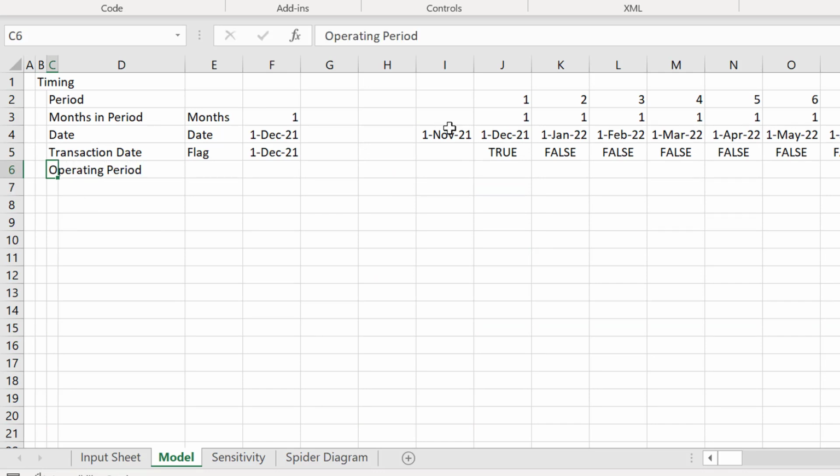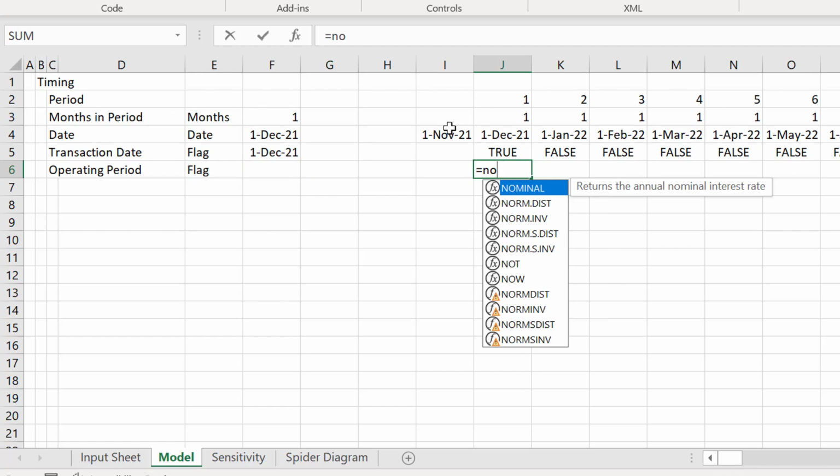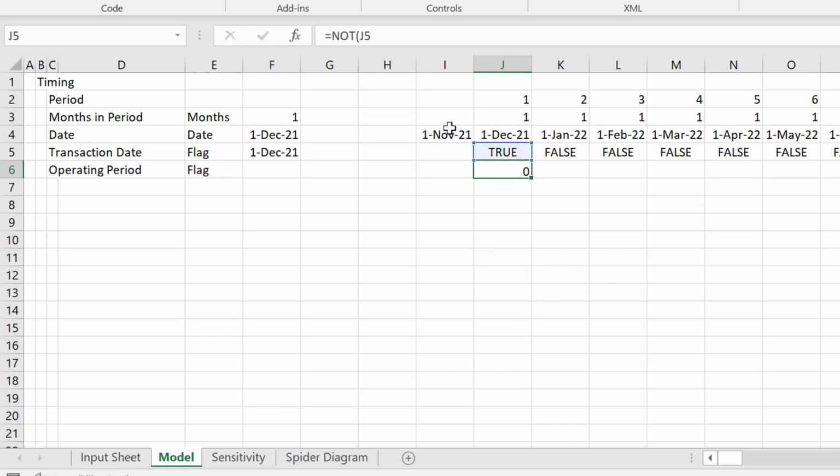Now, I think actually, how about I'll just put equal not true, okay? And how about we'll multiply this one by 1, and then we'll multiply this one by 1.